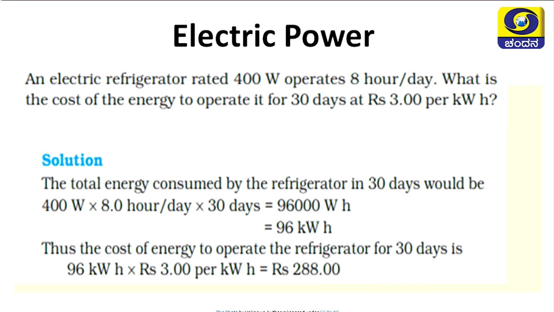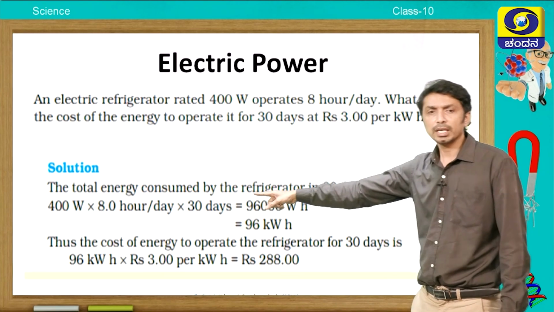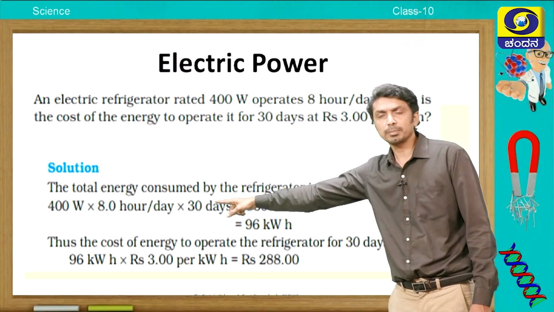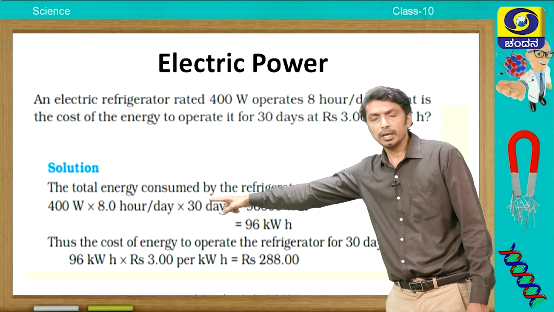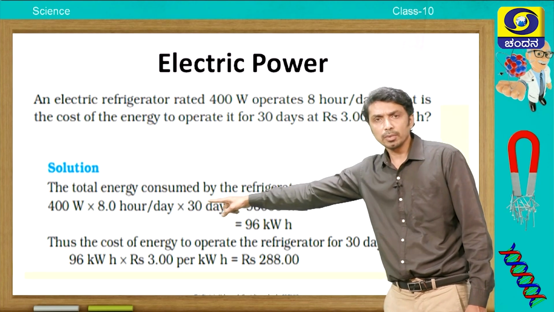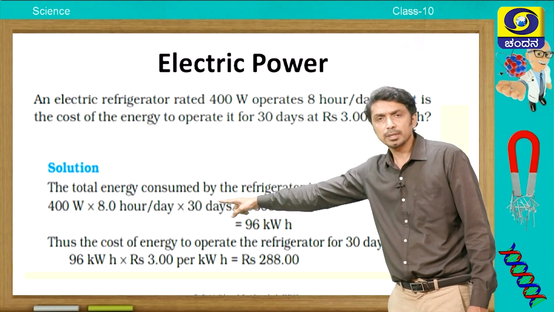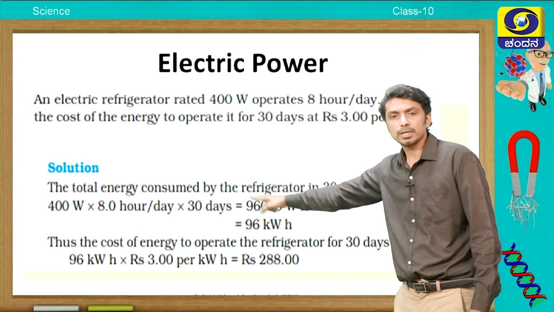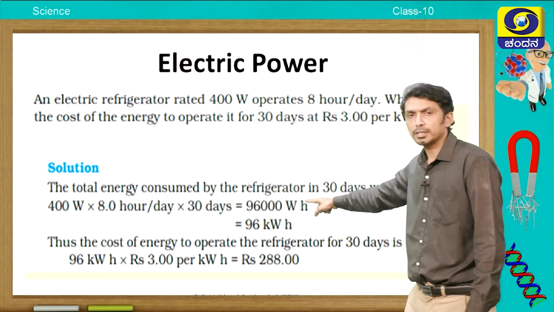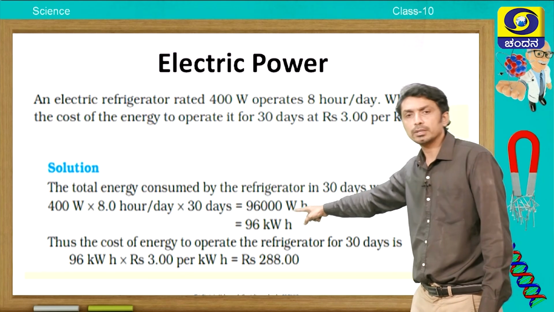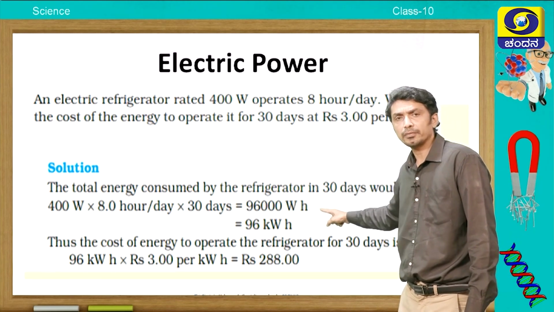30 days. So as you can see, first we need to calculate how much energy it is consuming, because electrical power is the energy consumed. So 400 watt is the power, it is used for 8 hours per day, for 30 days. So we will get the total energy consumed is equal to 96,000 watt hour.